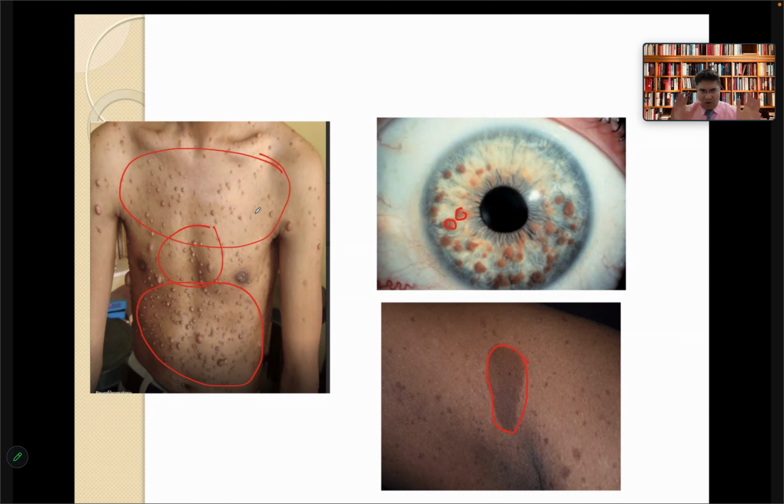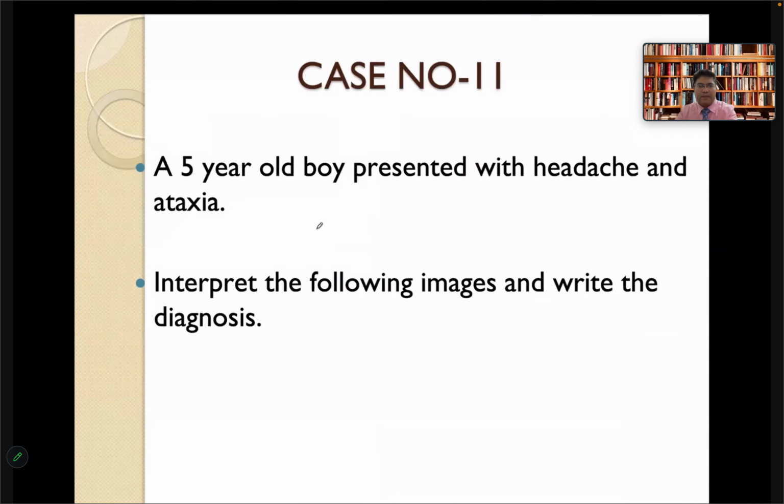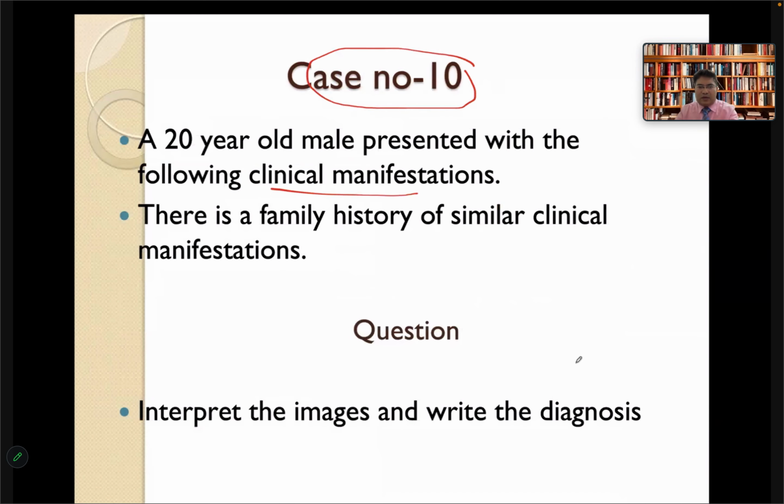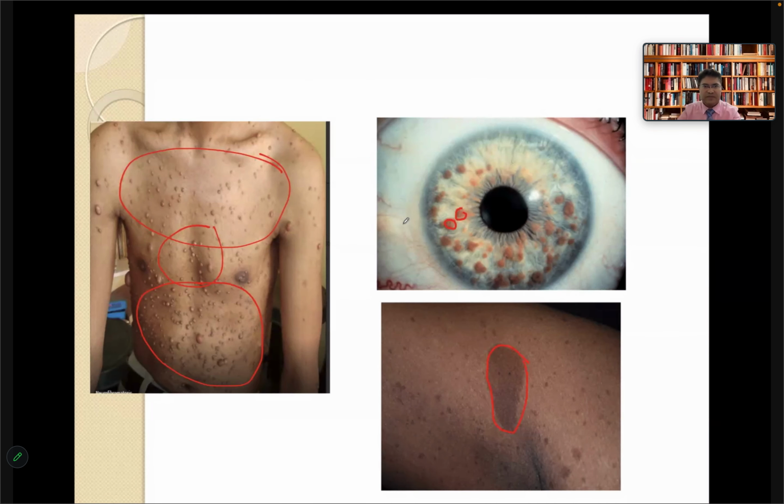So this constellation of symptoms is present in a condition which is called as neurofibromatosis type 1. So the diagnosis in this patient is neurofibromatosis type 1. Again, don't write abbreviation, write the full complete name, neurofibromatosis type 1.